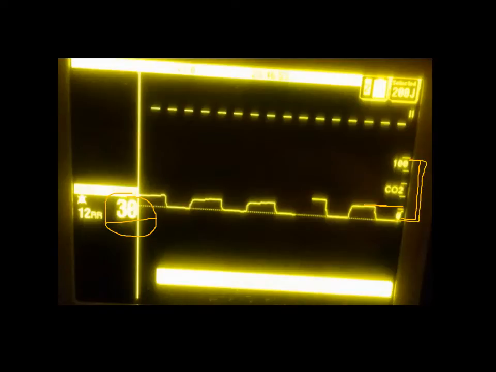I bring this up because here's 50. If your patient is running, let's say their CO2 is varying between 48 and 52, and you have it set to auto scale, when the CO2 is 48, it's going to change back to that scale from 0 to 50.